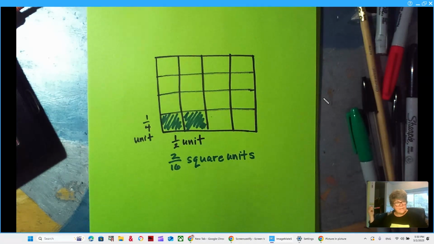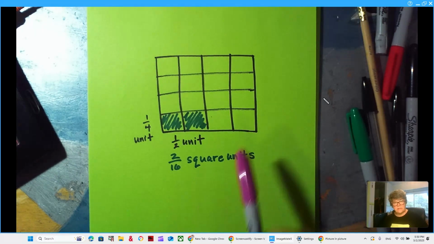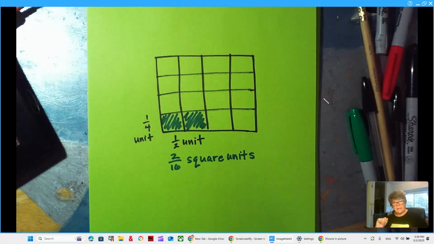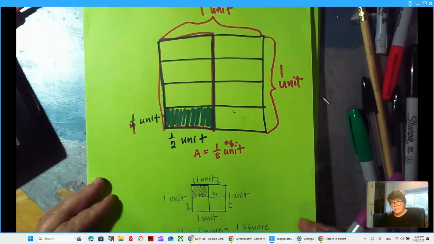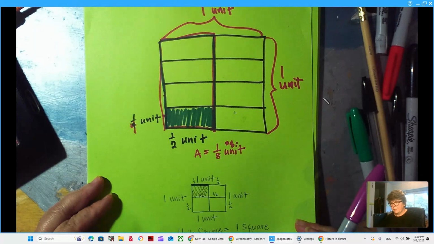This student broke it into 16 parts. Did the student get the same answer that we did? I mean, it says here 2/16 because there's 16 parts and there's 2 out of 16 instead of 1 out of 8.